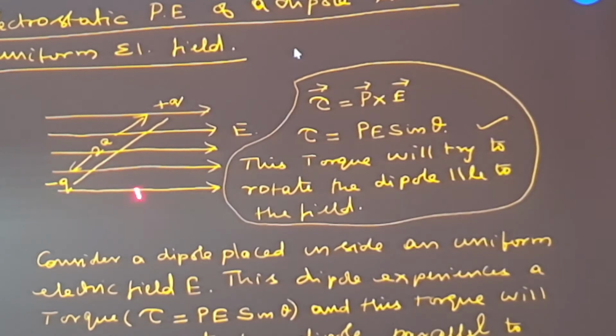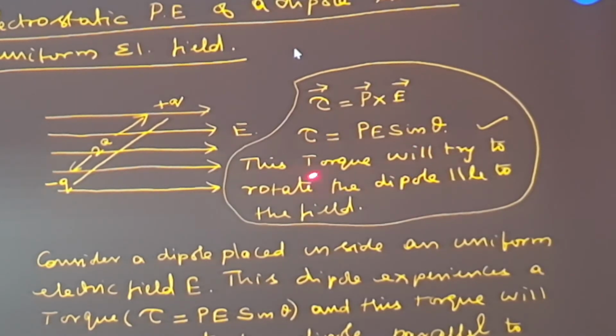When a dipole is placed inside an electrical field, already we have studied that a torque will be produced on that electrical dipole, and the torque produced is tau vector equal to p vector cross E vector. The magnitude of this torque is tau equal to pE sin theta. What will this torque do?